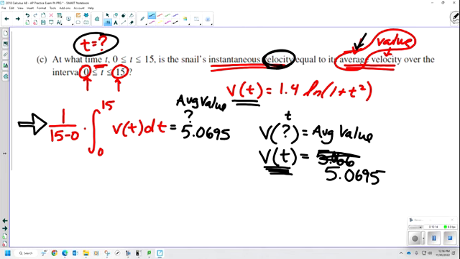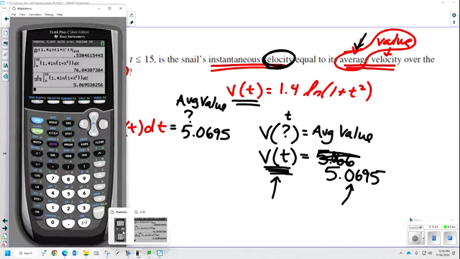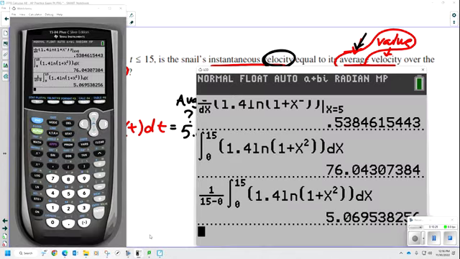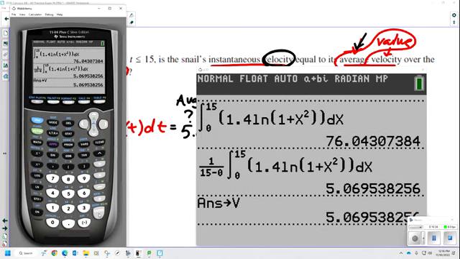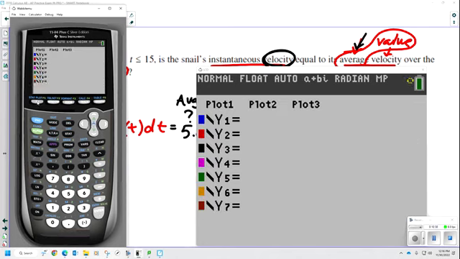Again, I have a calculator, so I'm going to put the equation into y1 and put this into y2 and see where they intersect. Let's store that value into v for velocity. All right, there we go. So let's graph these two things.